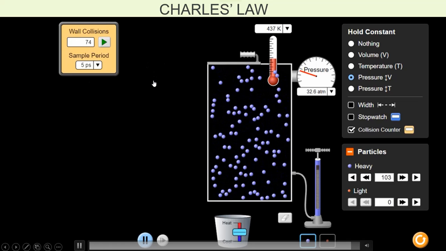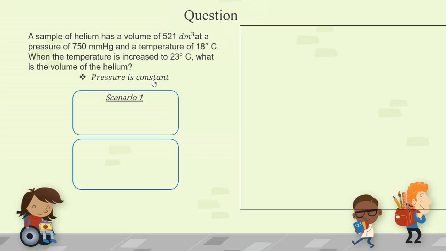Now here we have a question. It says a sample of helium gas has a volume of 521 dm cube, or decimeter cube, at a pressure of 650 millimeters of mercury and a temperature of 18 degrees Celsius.